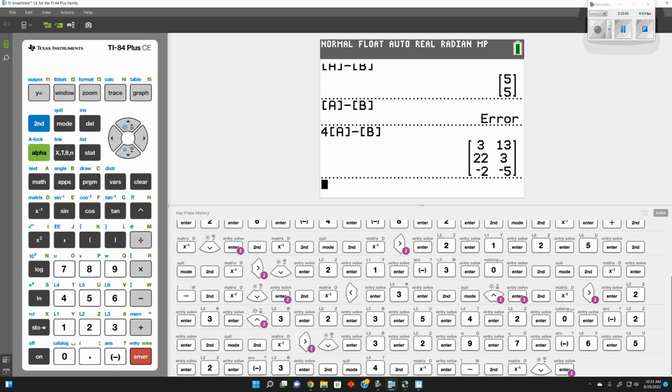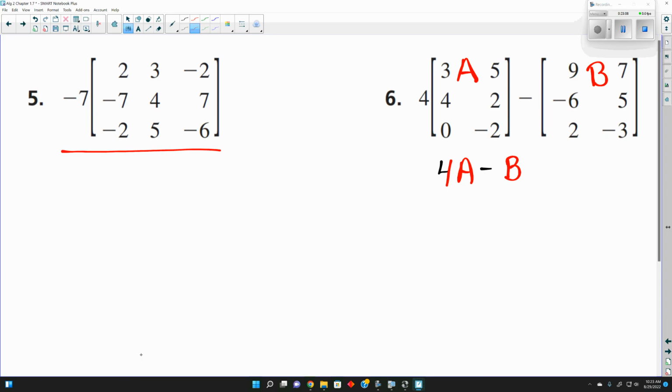When we look at something like this here, 4 times, because we're scaling matrix A by 4 and then subtracting B from it, it takes a little bit longer to do that by hand, especially if we said we multiplied matrix B by 3, or we're doing halves and fourths and different numbers. Then, especially when we're doing scalars on both, it takes a little bit more time to do it by hand, and the calculator can do it just as easily. Questions on any of this here?